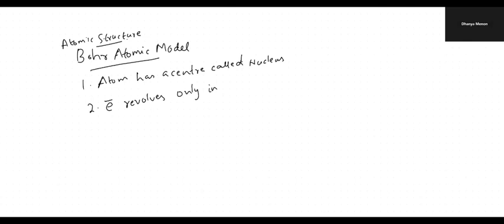fixed circular orbits. Rutherford had suggested that electrons revolve around the nucleus in circular orbits, but Bohr suggested the electron revolves around the nucleus only in certain fixed orbits with fixed energy and fixed velocity.